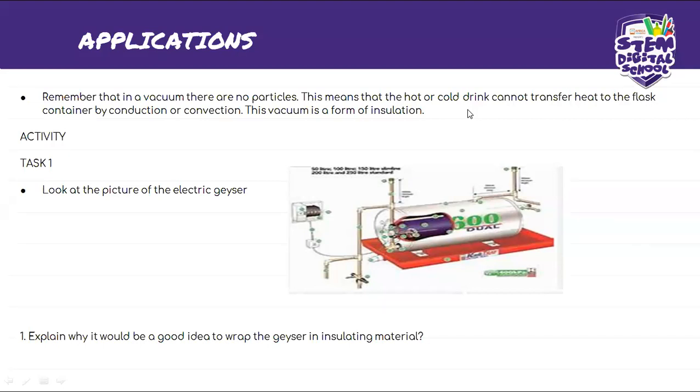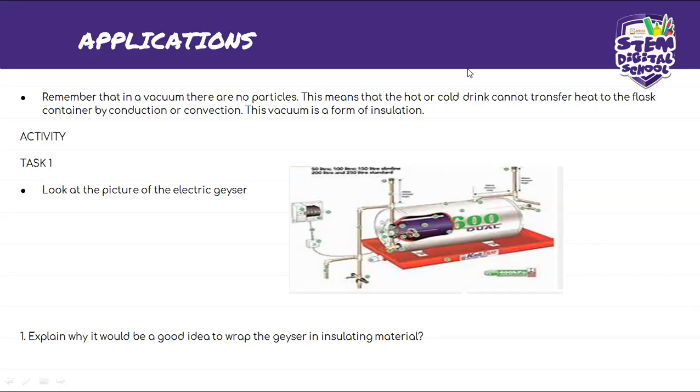So you know that the geyser is what is used to heat water, more especially. Remember, unless the geyser is leaking, here we are talking about a geyser that is all right and operating well. What happens when the geyser heats the water and the water is completely heated up?